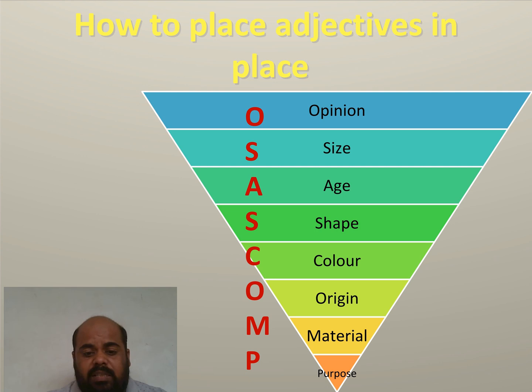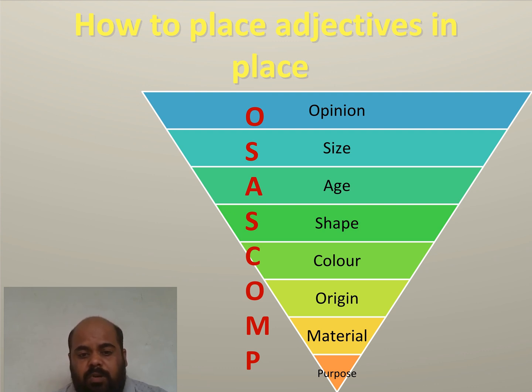You can see in this slide I have made a table in which I have written the short form OSASCOMP. Why are we using it? Suppose for one noun we are using 2 or more adjectives at the same time, then which adjective do we put first?